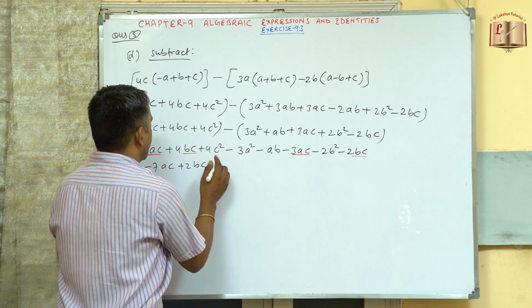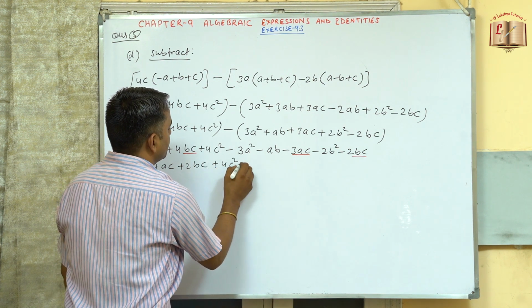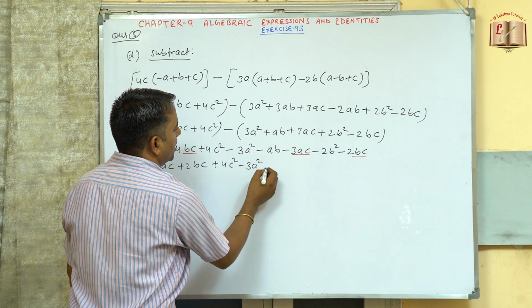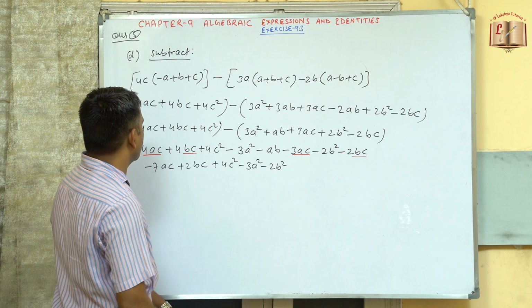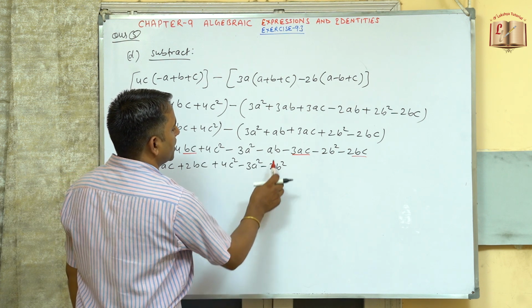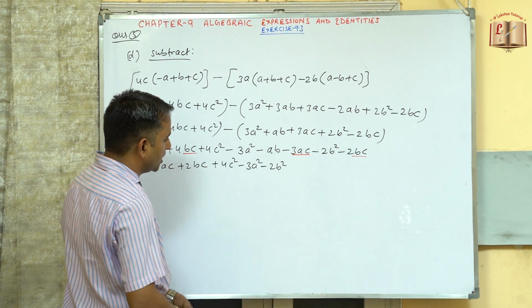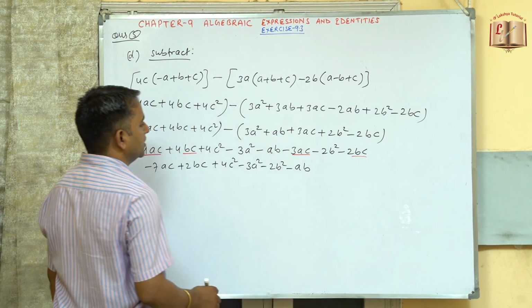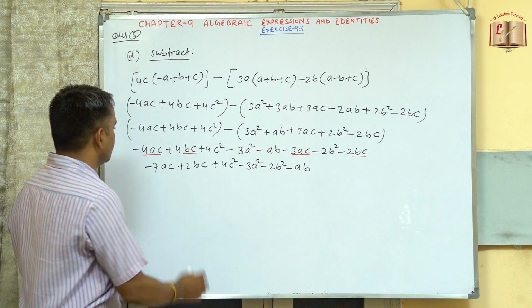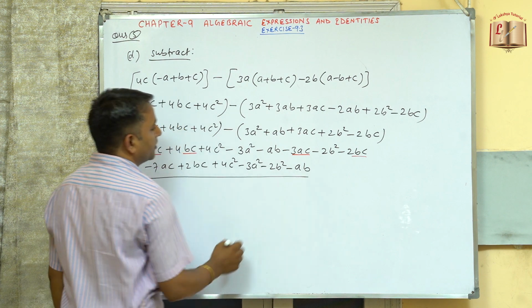And c square as it is, plus 4c square, minus 3a square, minus 2b square as it is. Now we will come to the ab. So ab as it is, there is no other term for the ab, so this is minus ab. So we have taken all the terms, and this is now the final answer for us.